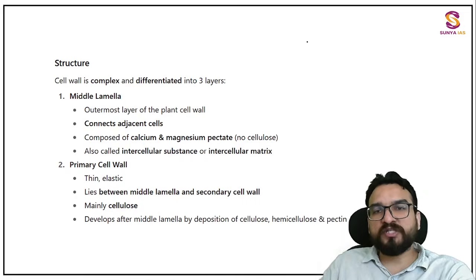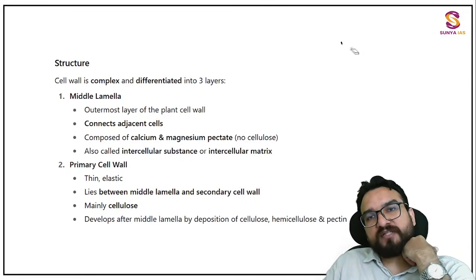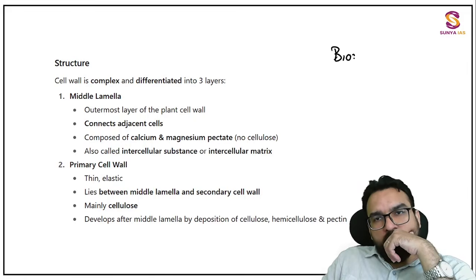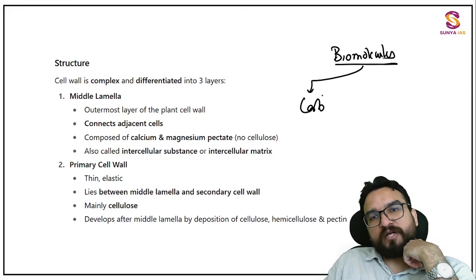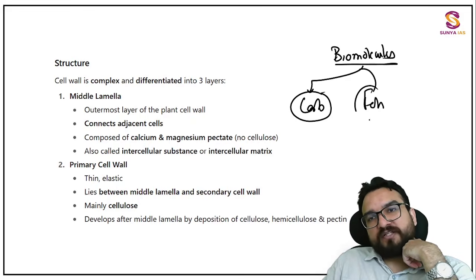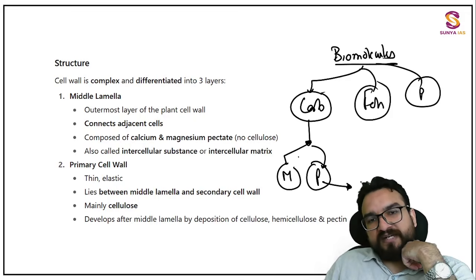What is cellulose? Cellulose, basically you are having certain biomolecules of life. Okay? In biomolecules you are having carbohydrate, you are having fats, you are having proteins. In carbohydrates you will be finding that this is a monosaccharide chain, polysaccharide chain, and a polysaccharide, but you will be finding that this is nothing but cellulose.